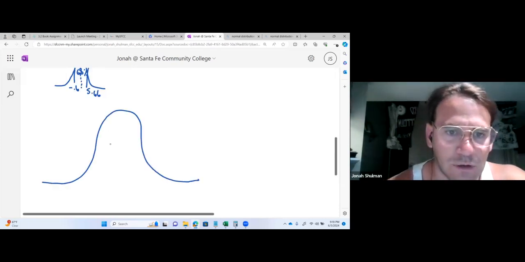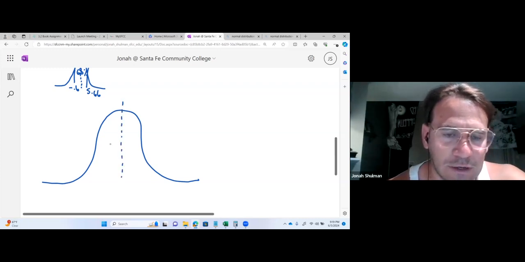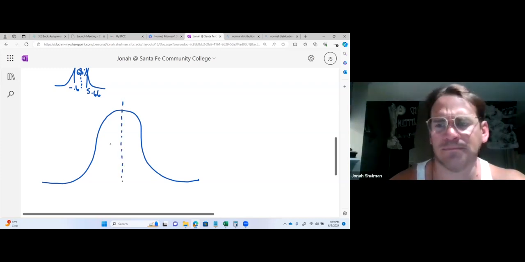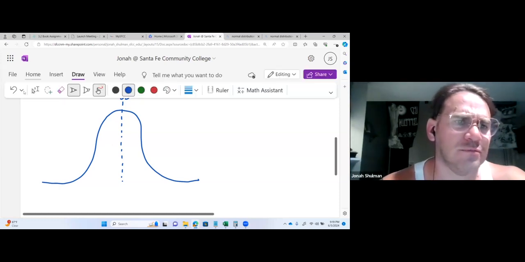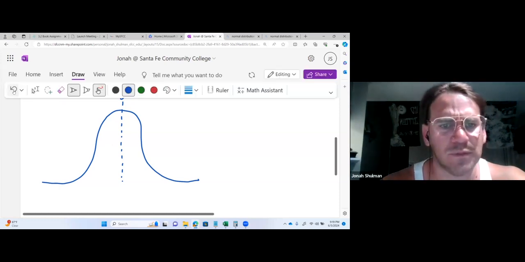All right, so here we go. So let's say this is our mean. Let's say an average female's height is 5'5". Actually, let's not do height because it's in inches and it might confuse people.